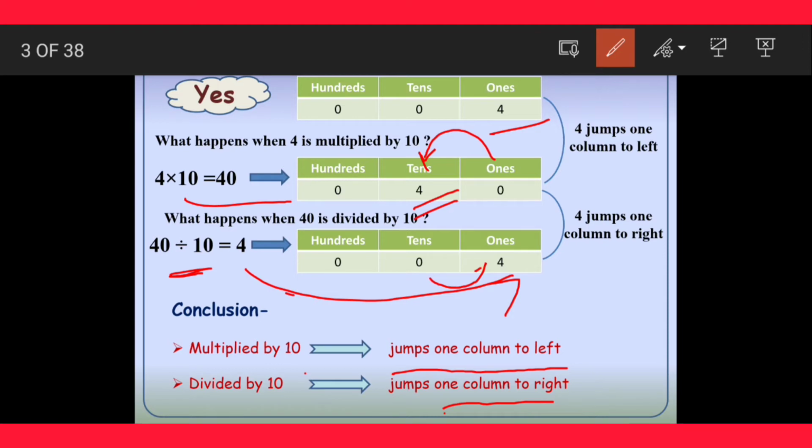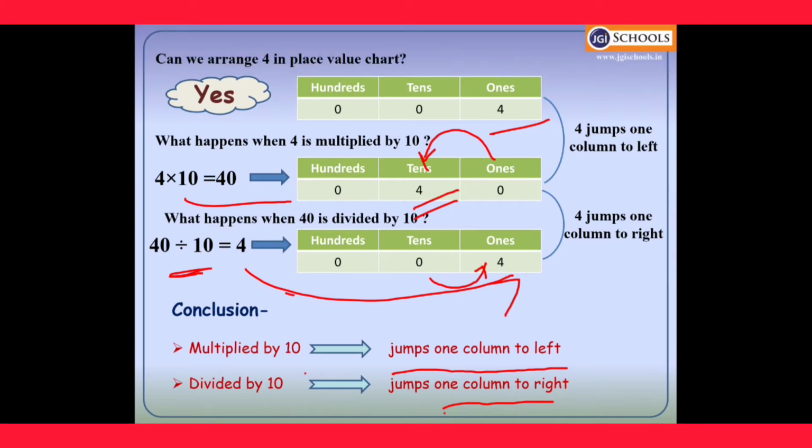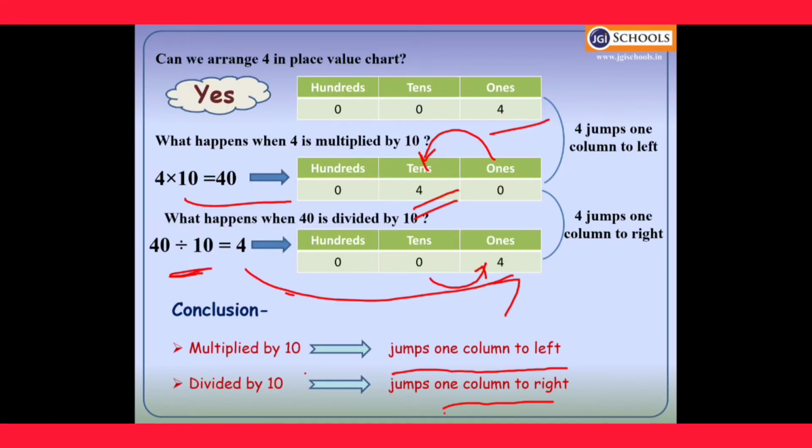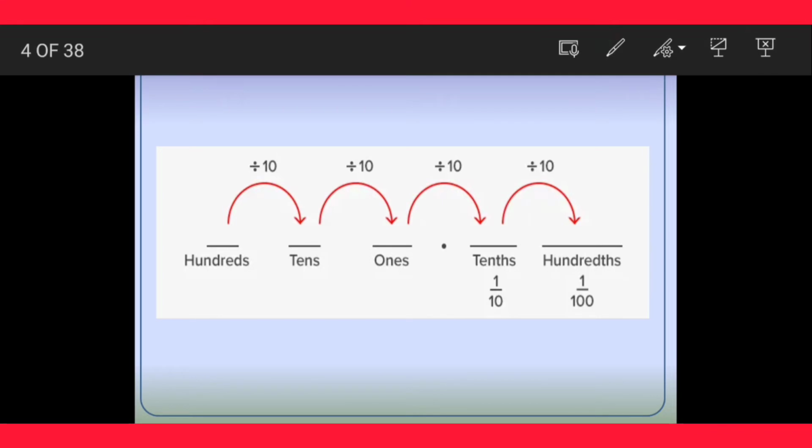Okay, so is this thing clear to you? It is just a basic law for understanding the decimal. Now I will explain how it will work. See, suppose 100 is there and it is divided by 10, what will you get? 100 divided by 10 is 10, so it will switch to the tens position, right?